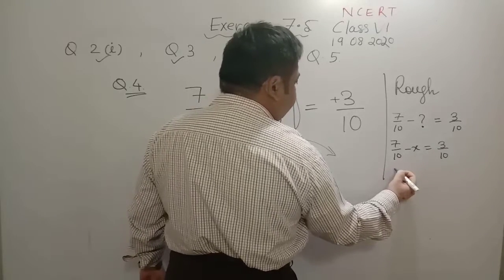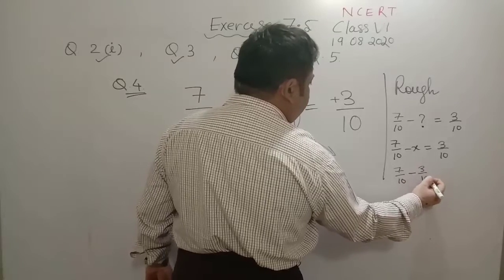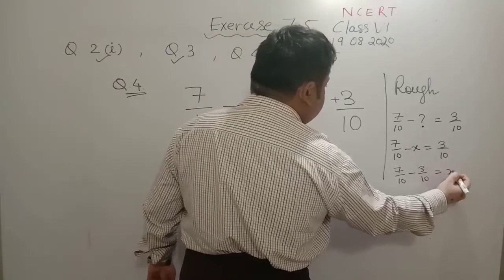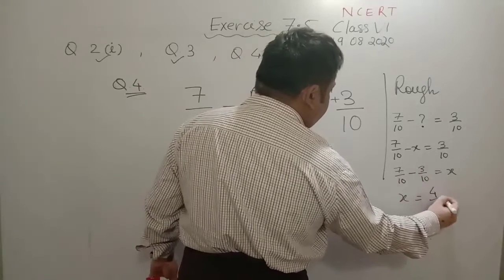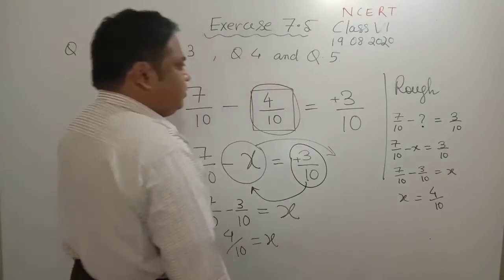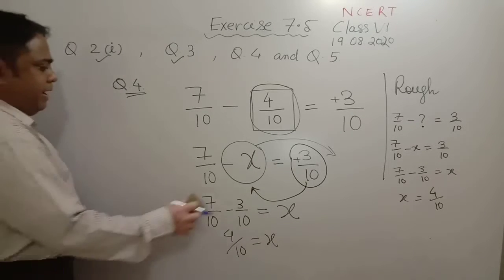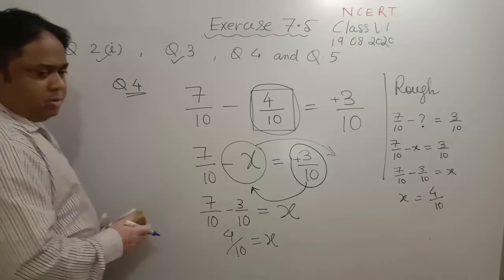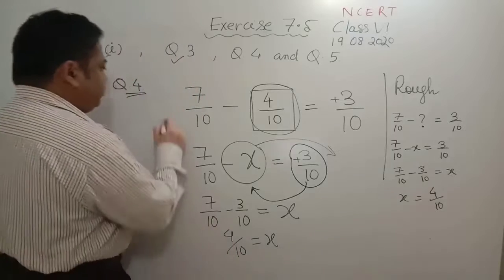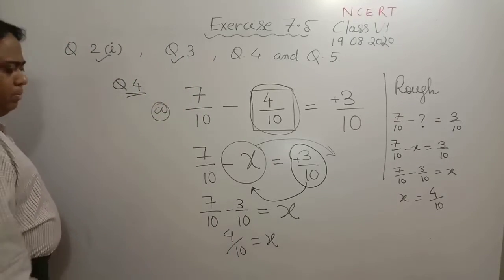So it will become 7 by 10 minus 3 by 10, and this will go that side to become X. So X will become 4 by 10. This way also you can find out. Either you can do mental calculation or you can assume any variable and after that find out. This was question number 4A. Similarly, we will do question number 4B.